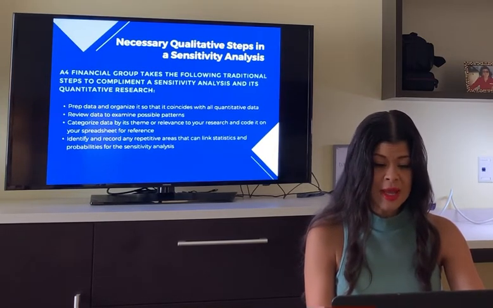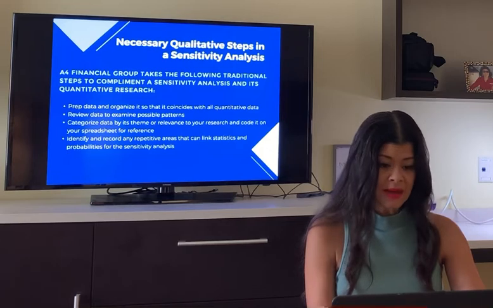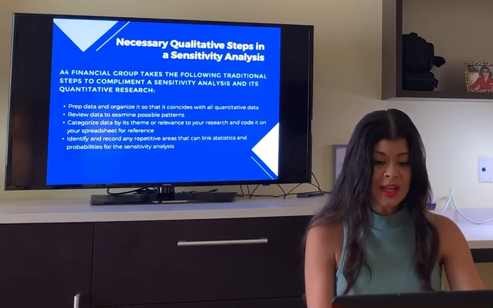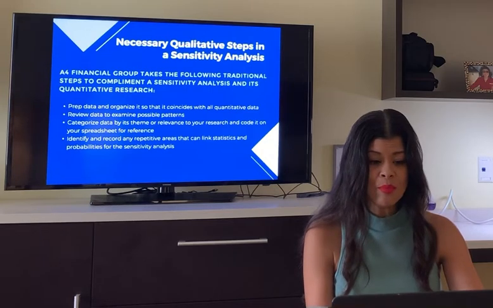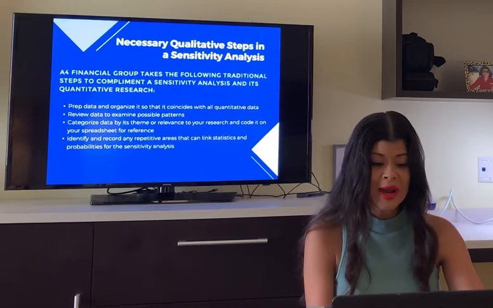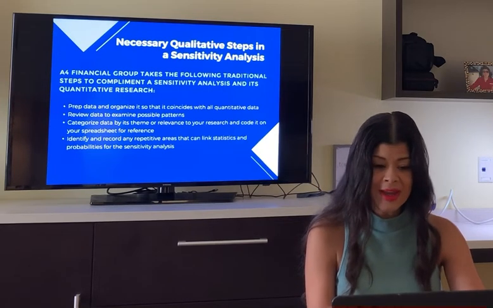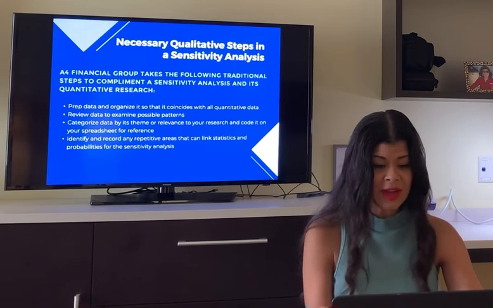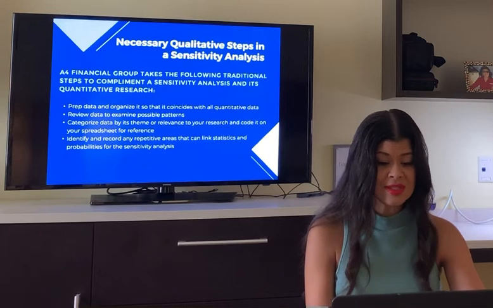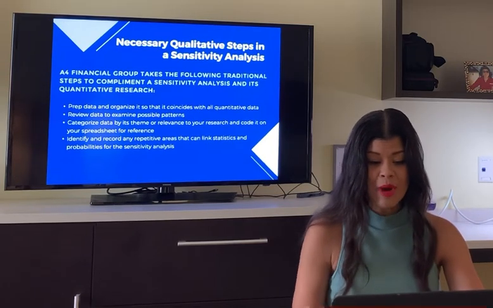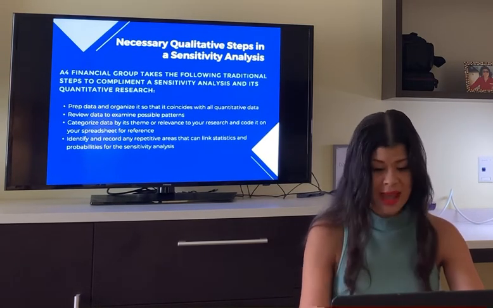These qualitative steps are prepping data, organizing it so that it coincides with all quantitative data, reviewing data to examine possible patterns, categorizing data by theme or relevance to your research, identifying and recording any repetitive areas that can be linked to statistics and probabilities for the sensitivity analysis.